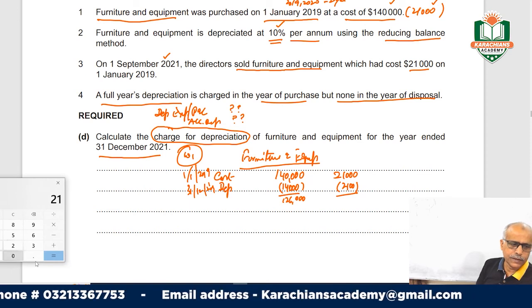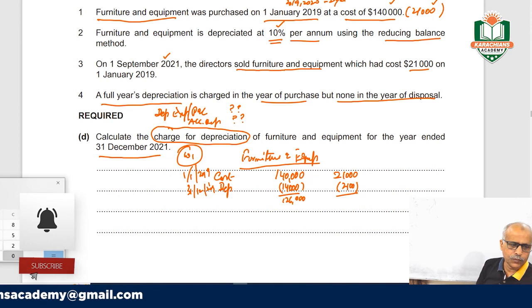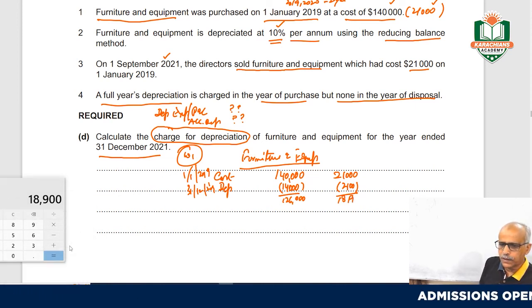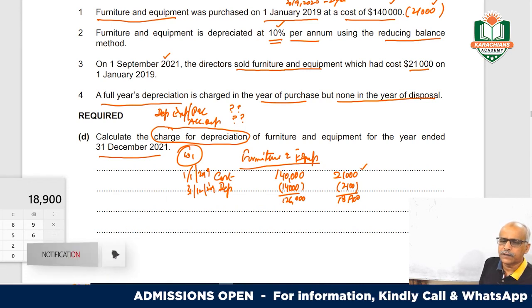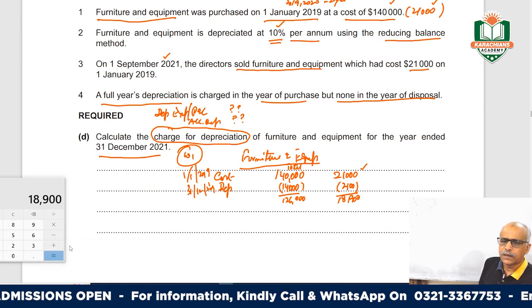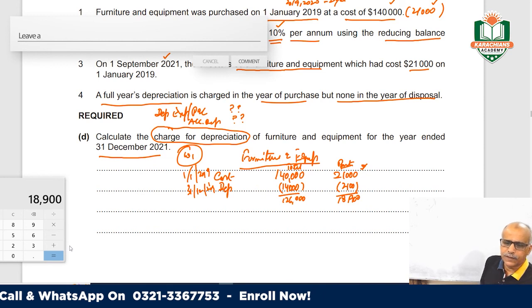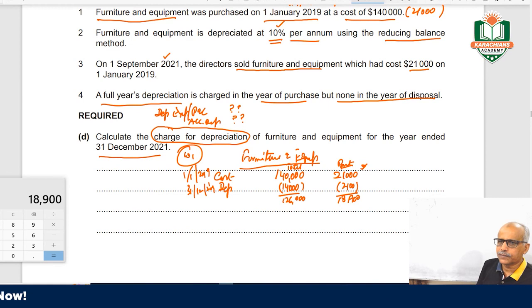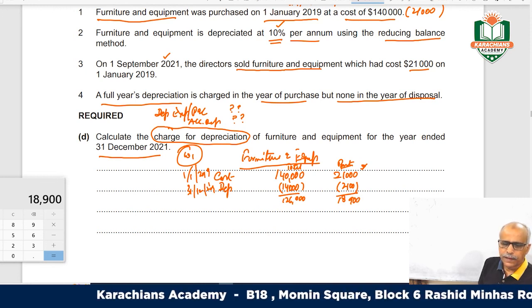And for this part, 21,000 minus 2,100, its value would be 18,900. This is not a separate item, but this is the total and this is its part, right? It's part of it. So 18,900.